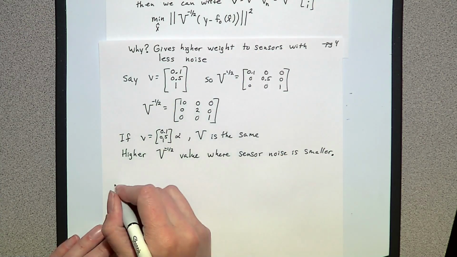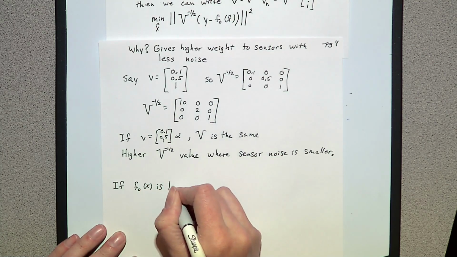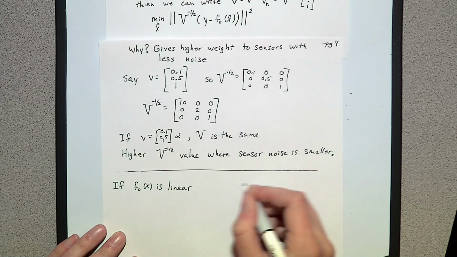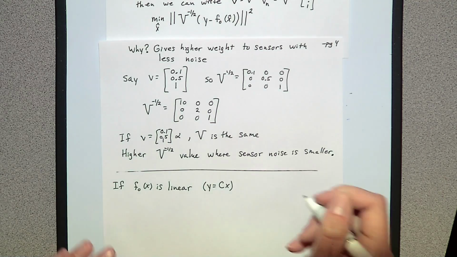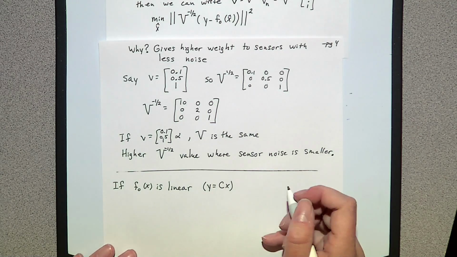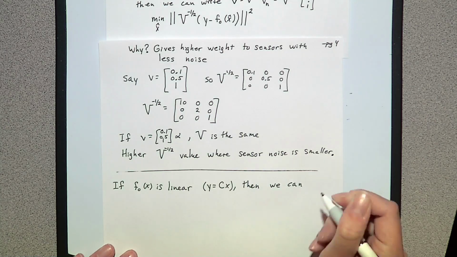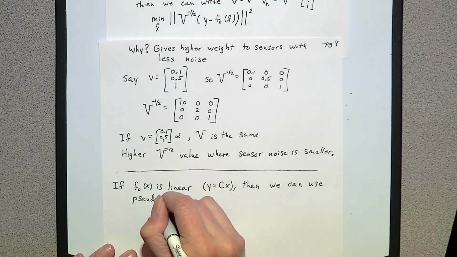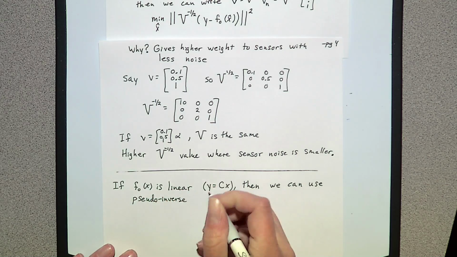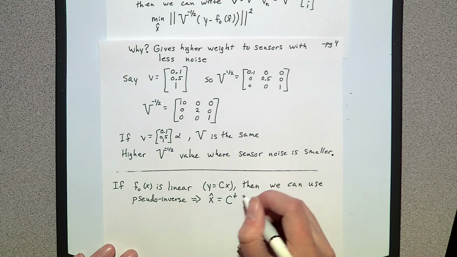So if f0(x) is linear, so you have the case that y equals Cx, where C is just some constant matrix, then we can use the pseudo-inverse. So our estimate of x is just C pseudo-inverse y.